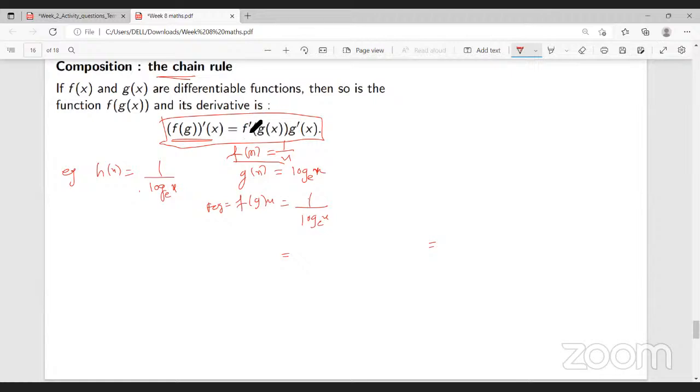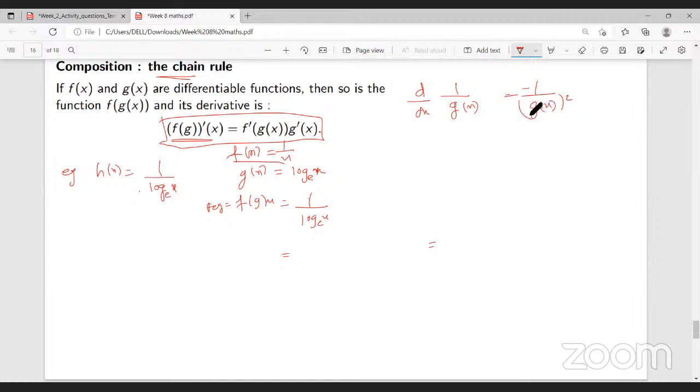First, we have to differentiate the outer function, that is f dash of x, right? My f dash of x is minus 1 by x square, but if I put g of x here, my x will be g of x. So the derivative will be minus 1 upon g of x the whole square, right? I'm just replacing x by g of x.